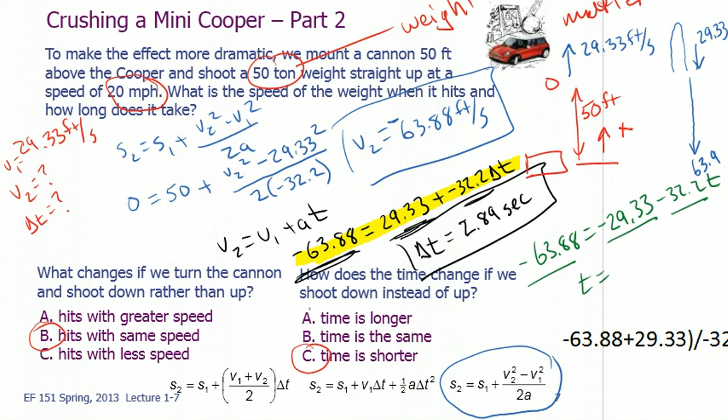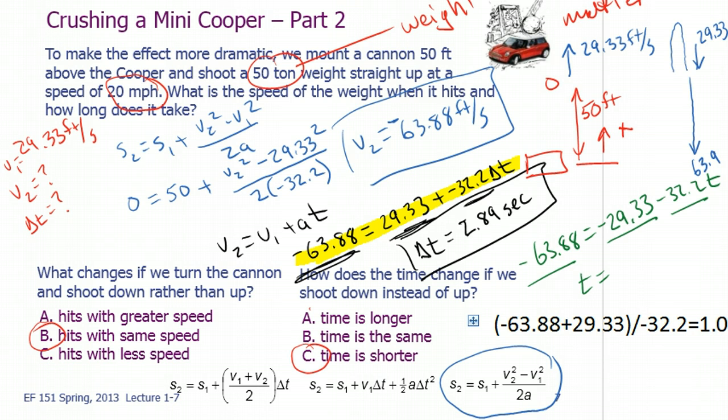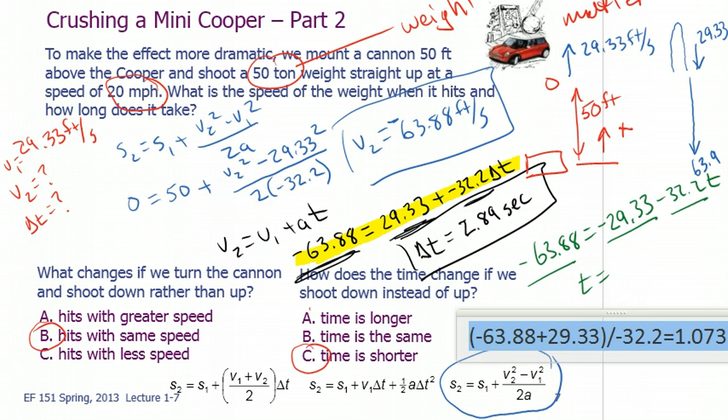Probably should have made all those positive and moved things around a little bit. So quantity minus 63.88, let's move to the other side. And that should give me 1.07. That's what I wanted to see. 1.07 seconds.